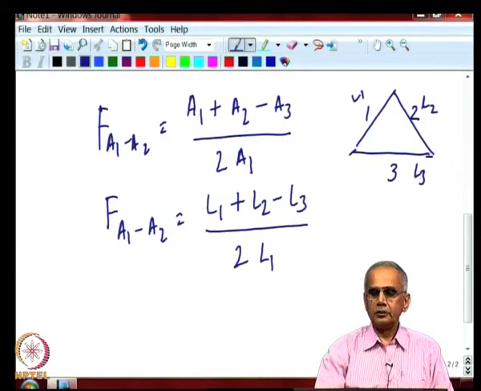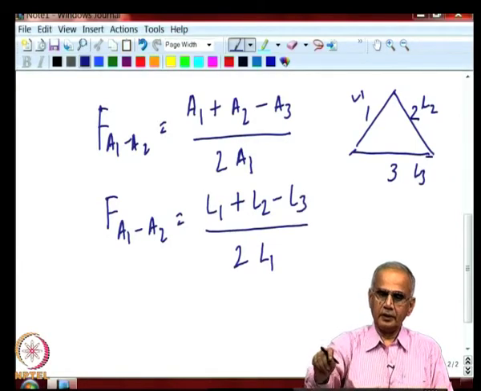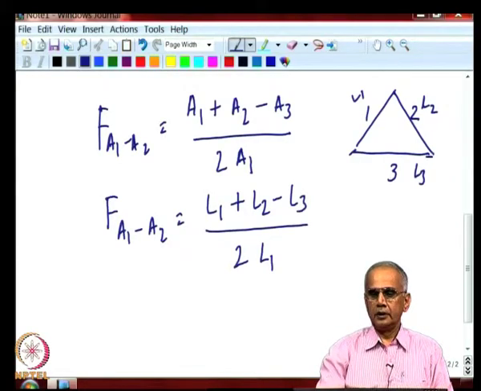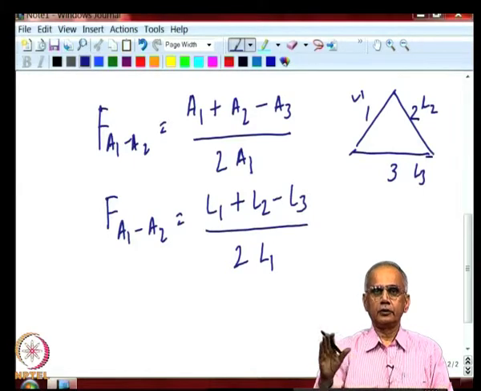So, you just have to measure the lengths of these 3 sides of the triangle and you will get the shape factor. So, this is a very convenient and simple method to calculate shape factors without actually integrating those equations.